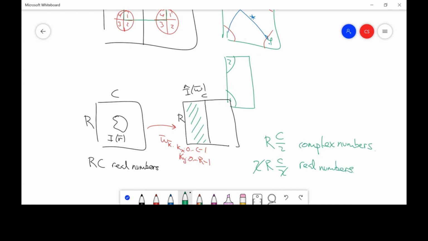So the size of this Fourier transform is the same as the size of the original image, even if you are keeping only half of it. But the reason is that you are keeping a half but complex numbers. So in total, the amount of memory that you need in the computer is the same.